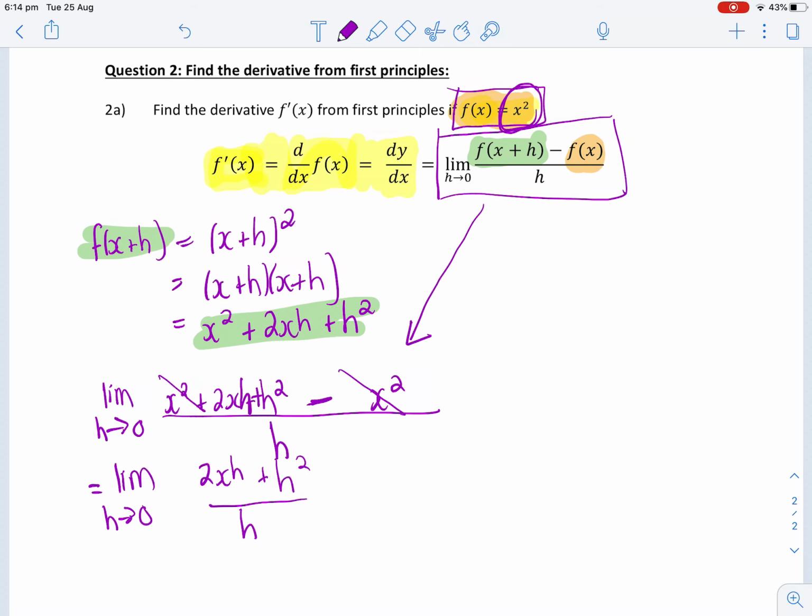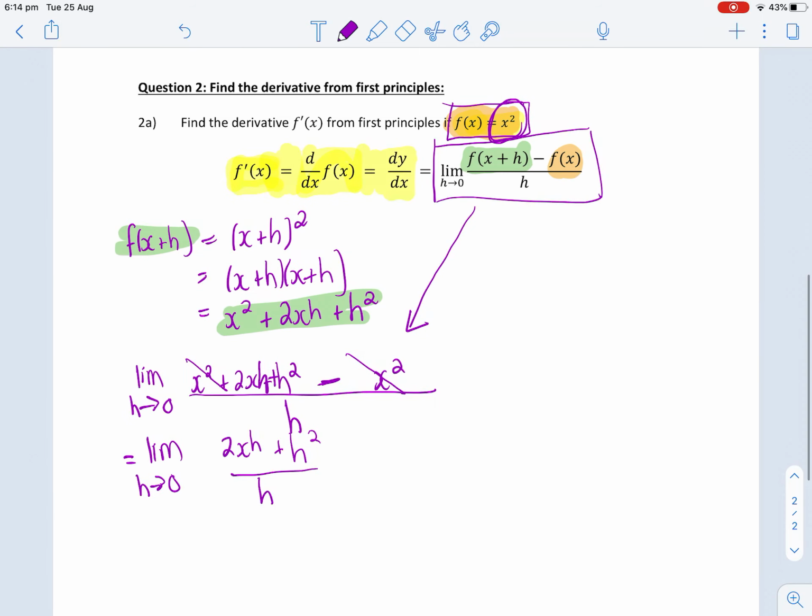I can't just substitute h equals to 0 because that will give me a denominator equal to 0. And the plan we make is then to factorize. I take out h as a common factor. Those two cancel out. And now I can simplify.